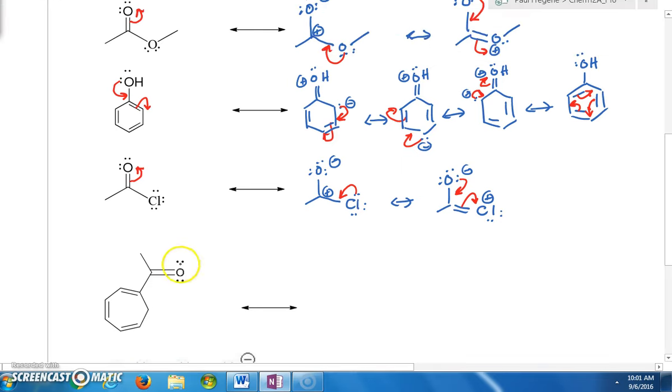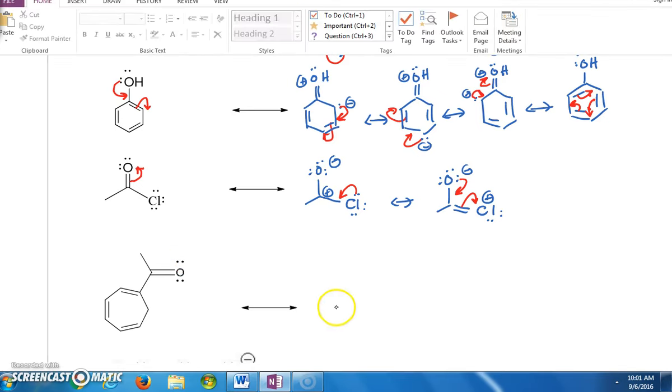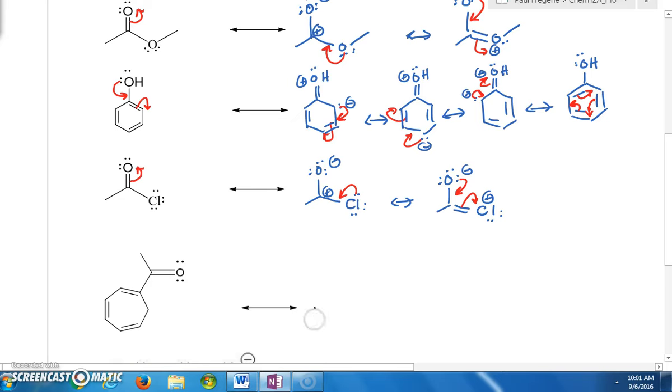And then here we have a pi bond between two electronegative atoms. So we can have this like this, have a negative, positive, because you have your pi bonds there, and then you can move it again.